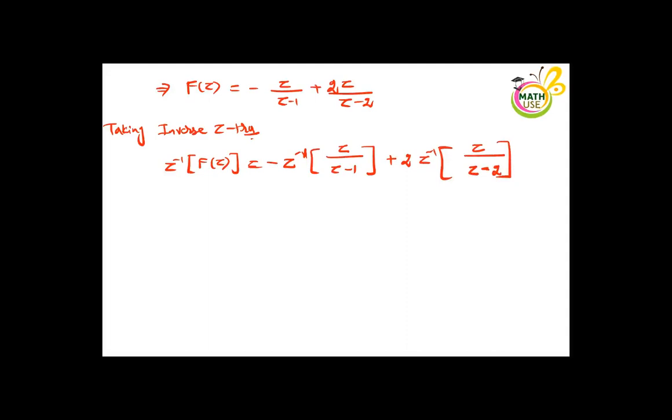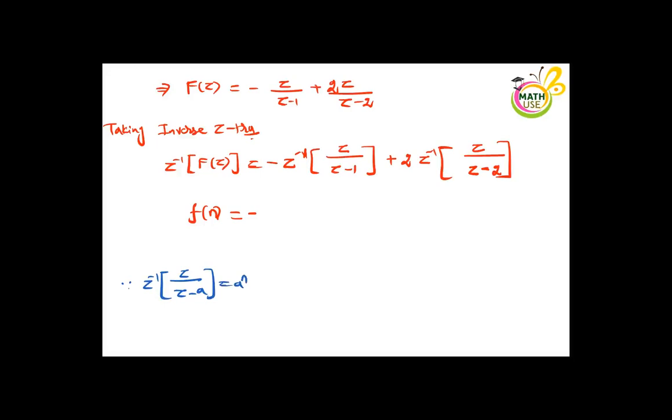By the definition of inverse z transform, this z inverse of F of z can be written simply as f of n. f of n is equal to minus of, and this is the standard formula: z inverse of z by z minus a, since we know it is nothing but a power n.